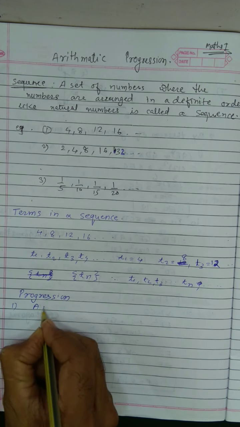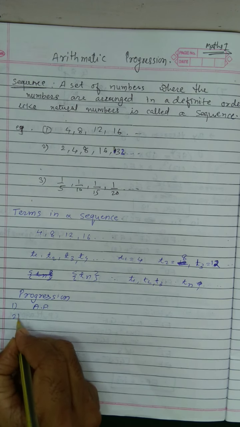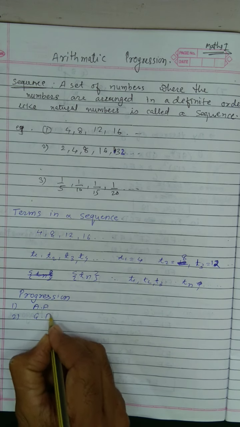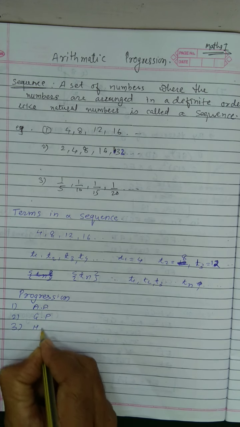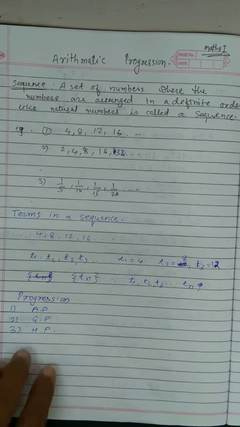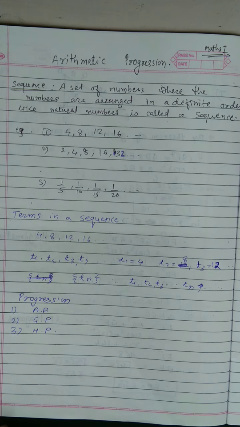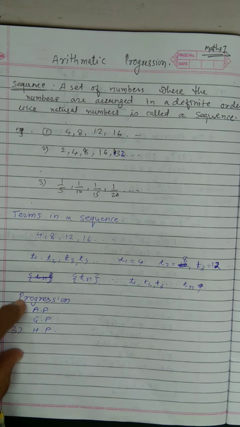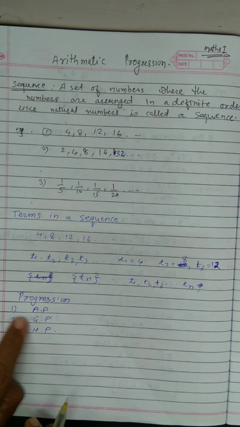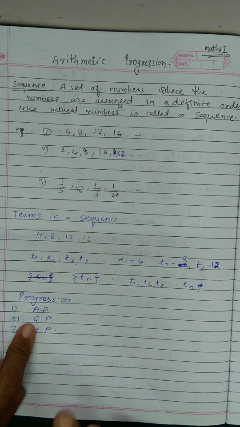First is AP, second is GP, and third is HP. These progressions are sequences, but there are some conditions, and then those sequences are called progressions.